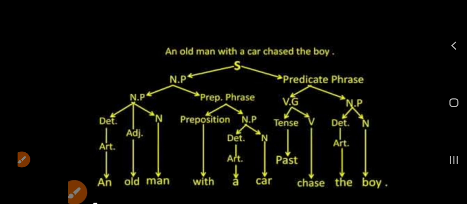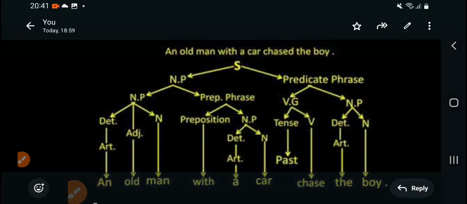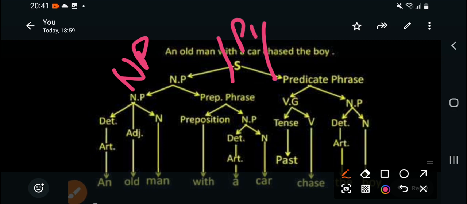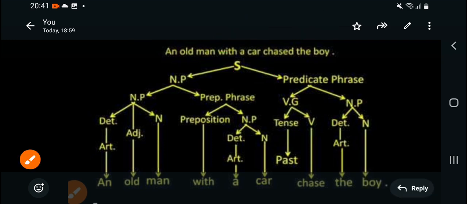Now, an old man with a car chased the boy. Simple. An old man, that's the noun phrase. With a car, prepositional phrase, right? Chased the boy, verb phrase. Now see how.